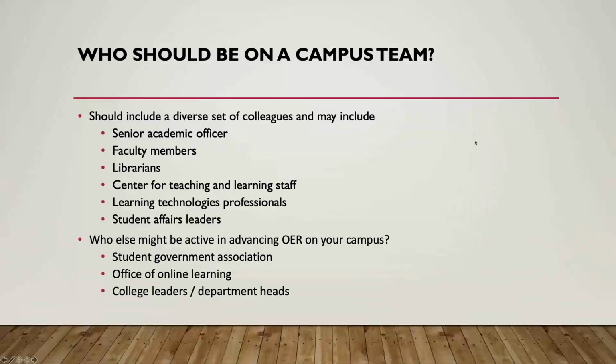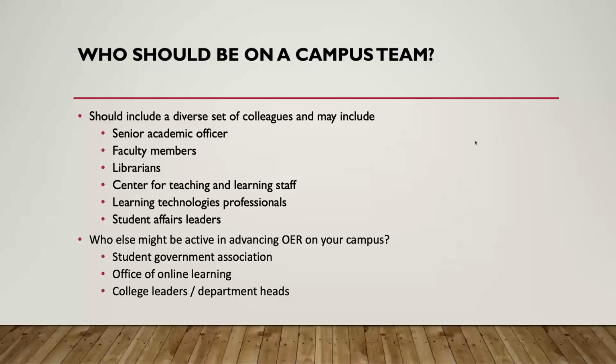So who should be on a campus team? Well, we imagine a diverse set of colleagues that would represent different silos on a campus. So, you wouldn't send 5 people from the Student Success Office or 5 people from Student Affairs. You'd probably have maybe a senior academic officer, certainly faculty members, maybe librarians, Center for Teaching and Learning staff, learning technologies professionals, someone from Student Affairs.